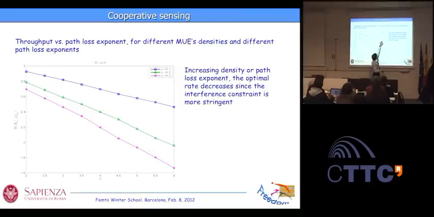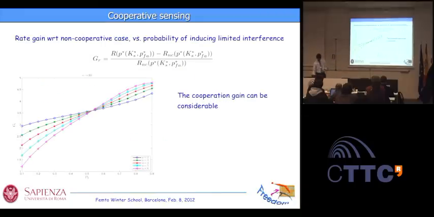This is for 0.1, I think it was 0.1 nodes per square meter, this is 0.2, 0.3, and so on. You see that as you increase the density of macro users, the opportunistic throughput decreases, which of course makes sense. The nice point is that you are able to quantify this.